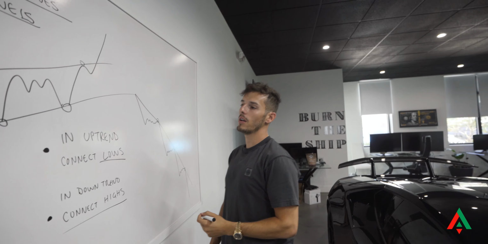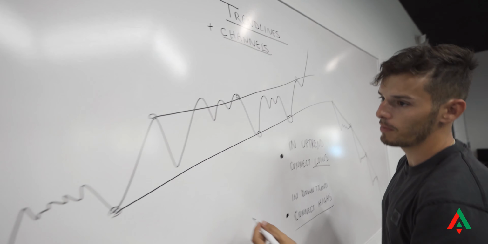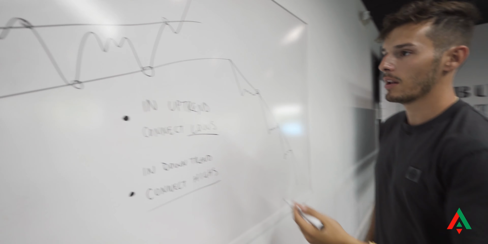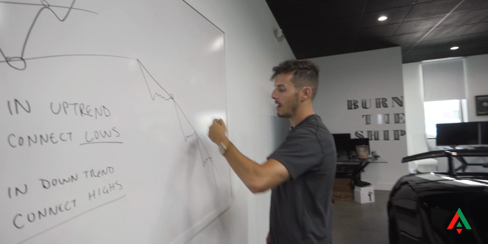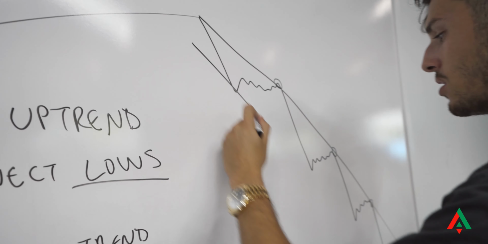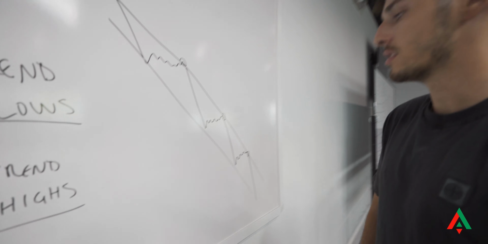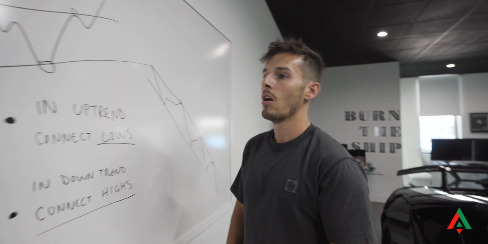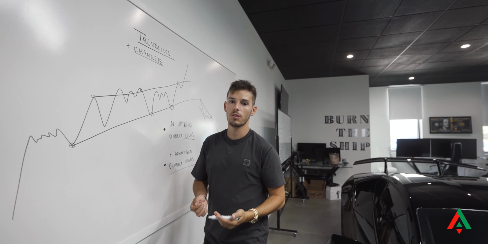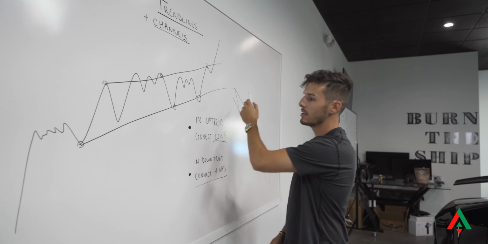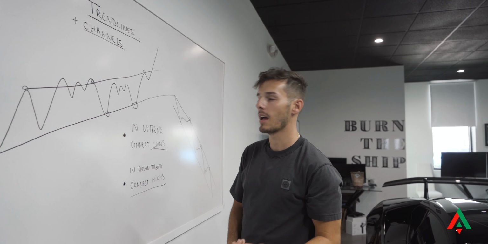In your channel, you would be connecting the highs in an uptrend after you've established your trend line, and then in a downtrend, you would be connecting your lows after you've established the trend line connecting the highs. How you would use a channel is a little bit more interesting than how you would use a standard trend line. In an uptrend, a standard trend line is going to act as support.